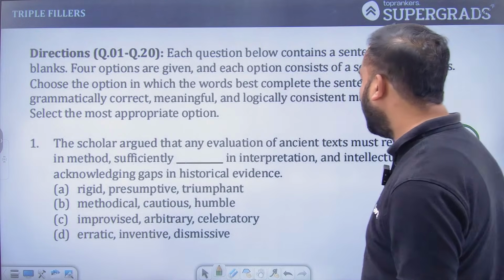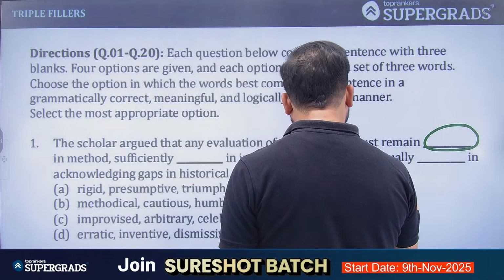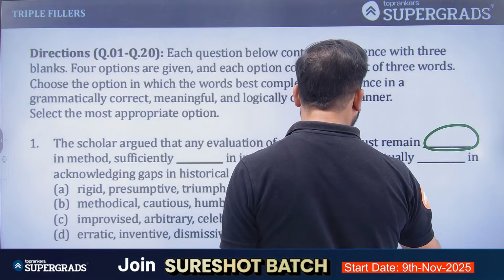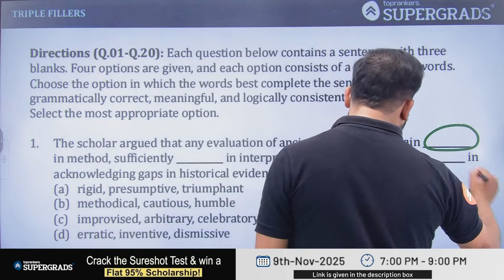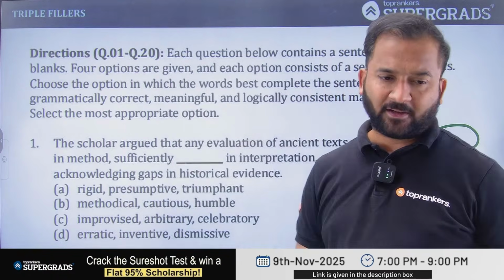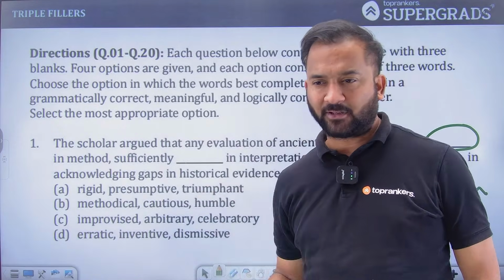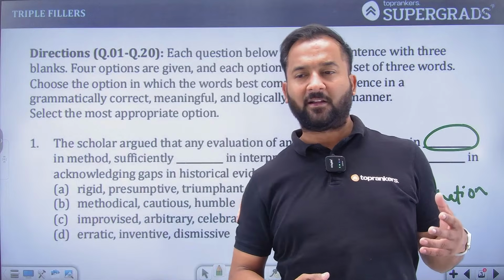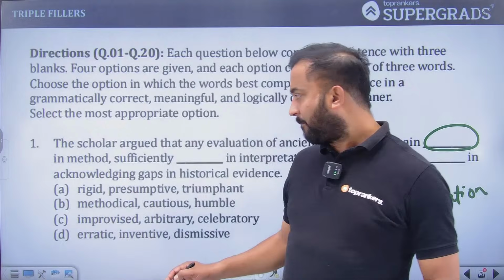Now this has to be a careful evaluation, right? There has to be a careful evaluation. So are there any of the words that you see and decide that this could be it, or this cannot be it, these are the options that I wish to eliminate? Are there any such words, students?